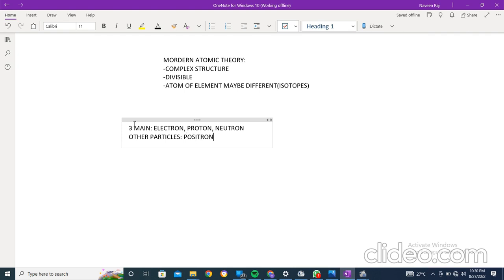And after that we have discovered several types of mesons and hadrons, right? So don't be confused by that. Day by day we are just discovering subparticles of the atom.